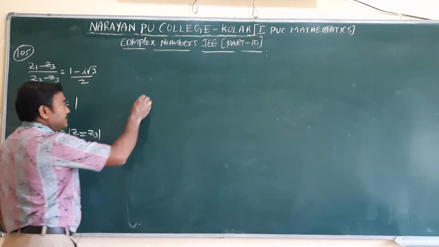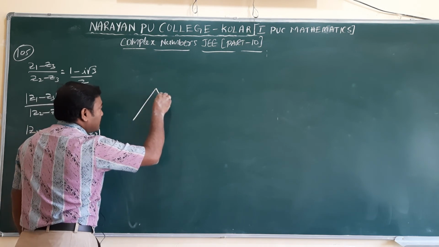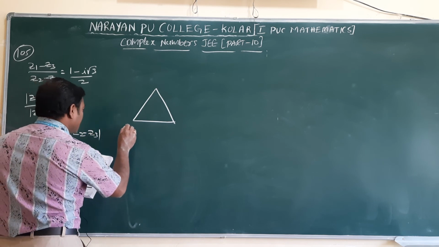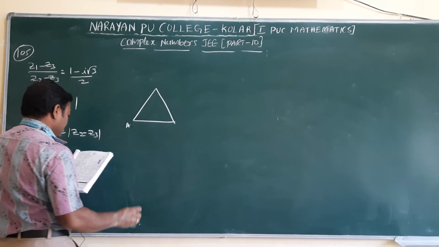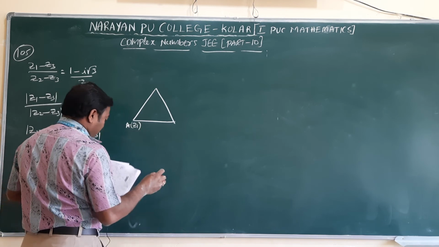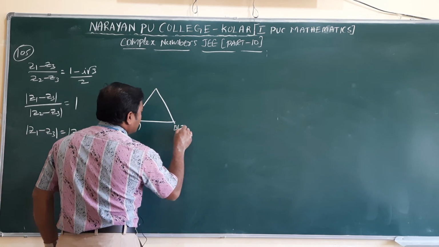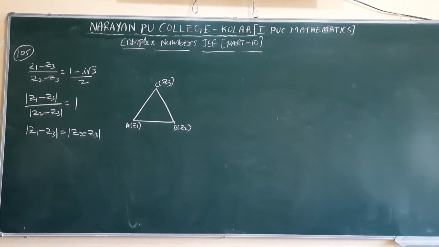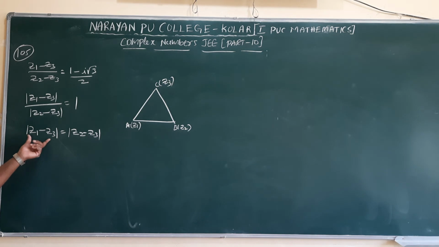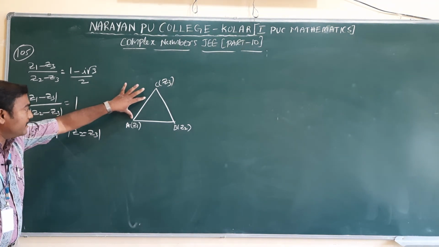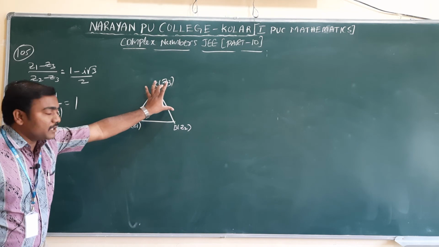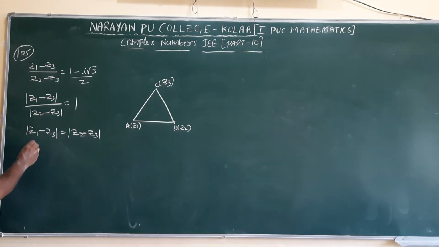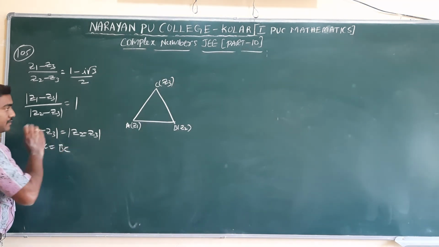Now here is a diagram. The point A is z1, point B is z2, point C is z3. Taking the modulus, modulus of z1 minus z3 is equal to modulus of z2 minus z3, so AC is equal to BC.